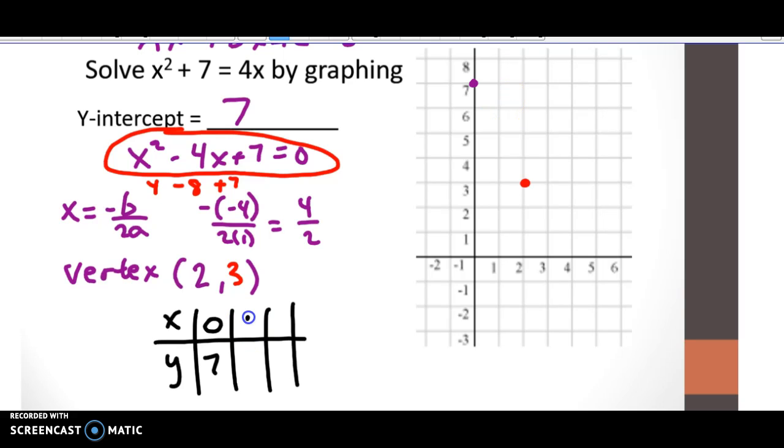Let's go ahead and put 1 in, and it should be somewhere in between 7 and 3. So if I put 1 in for x, this will be 1 minus 4, which is -3, plus 7, which gives me 4.